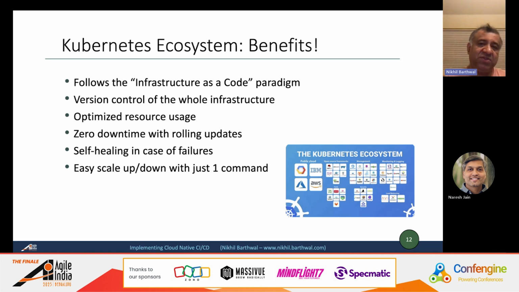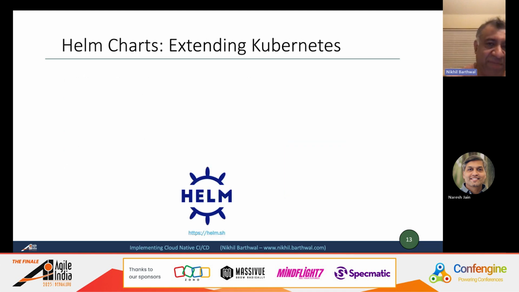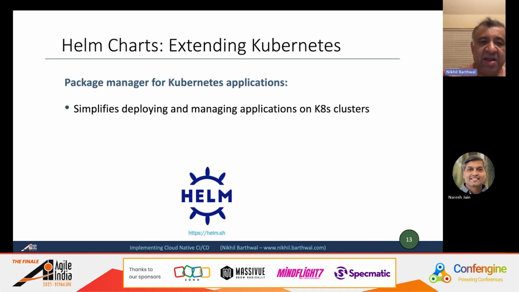But when you have these Kubernetes configurations, you have a lot of them, and you're still managing at scale, you need some kind of package manager. And that's what essentially Helm Charts brings to the table. Helm Charts is basically a package manager that extends Kubernetes. So what it does is it simplifies deploying and managing applications, right?